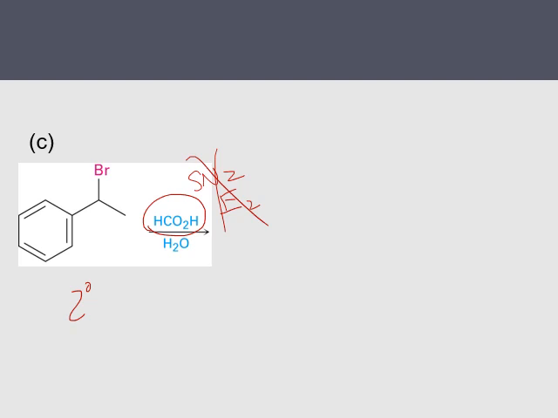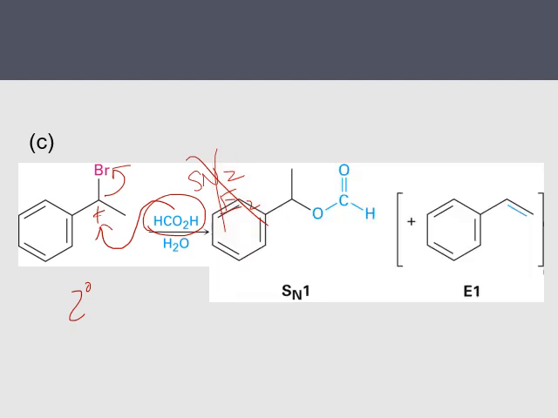The first step is the leaving group leaves, forms a carbocation, and then the nucleophile attacks. That gives you the SN1 product. Now it may participate in E1 a little bit, a small amount, taking a hydrogen away and giving you a double bond here.